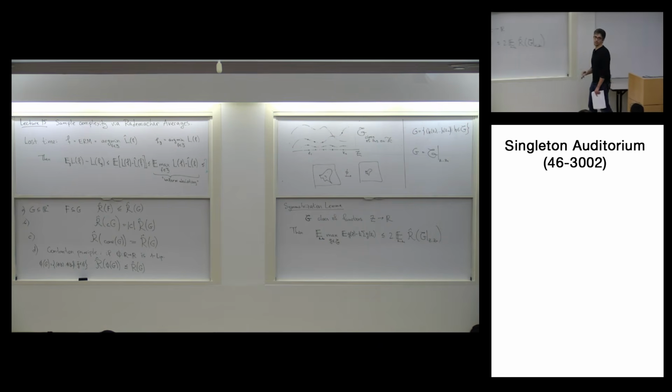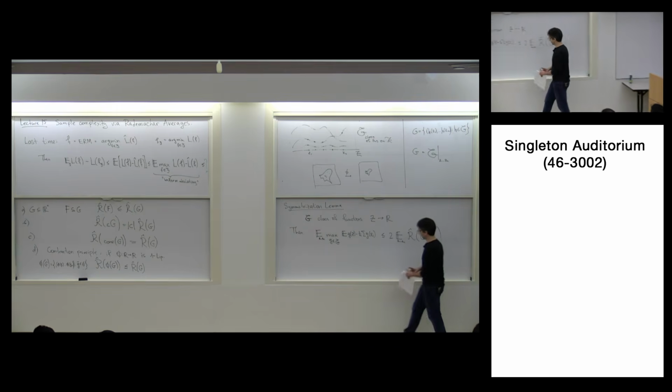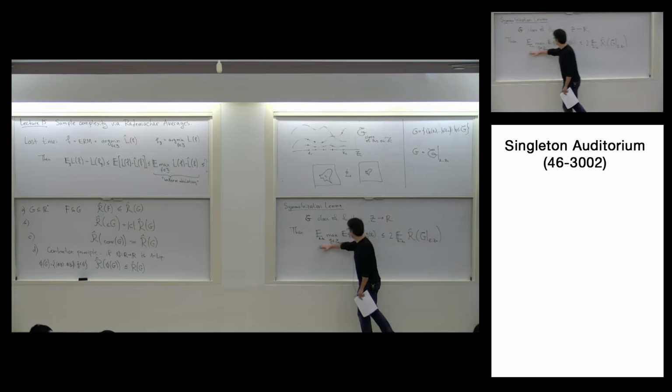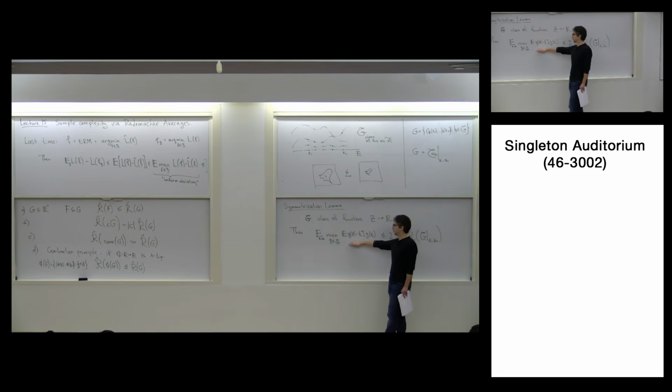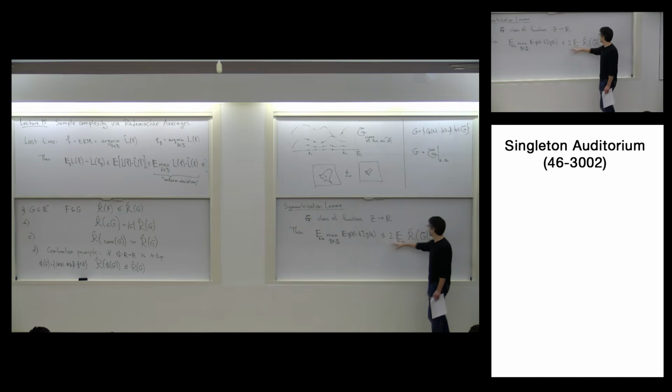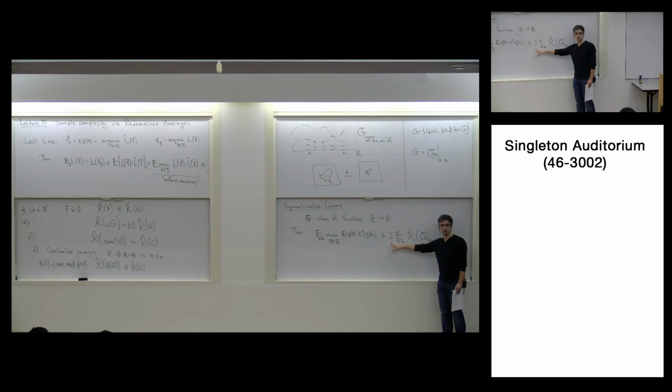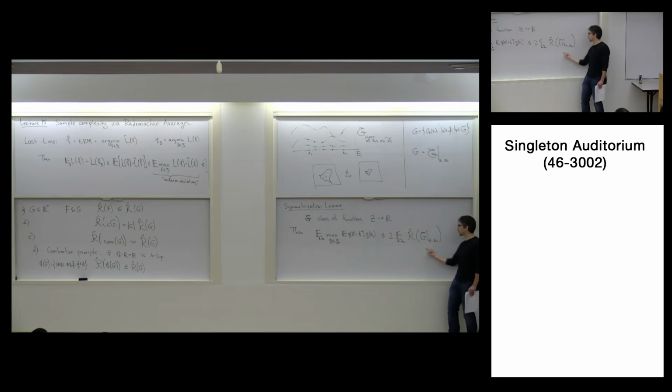Okay, so that provides the relationship. Instead of trying to understand uniform deviations, it's sufficient, up to a factor of 2, to understand the geometry of this set as measured by Rademacher averages.